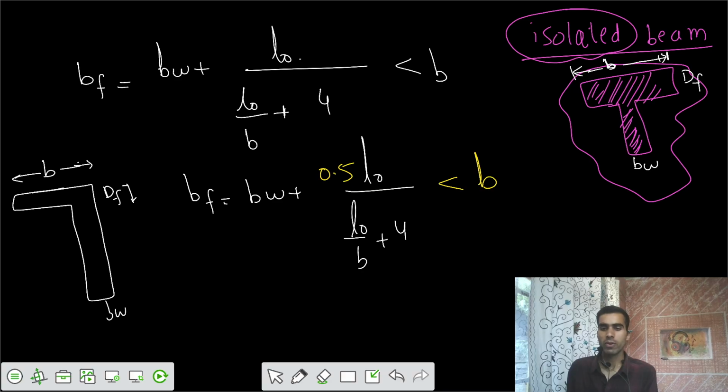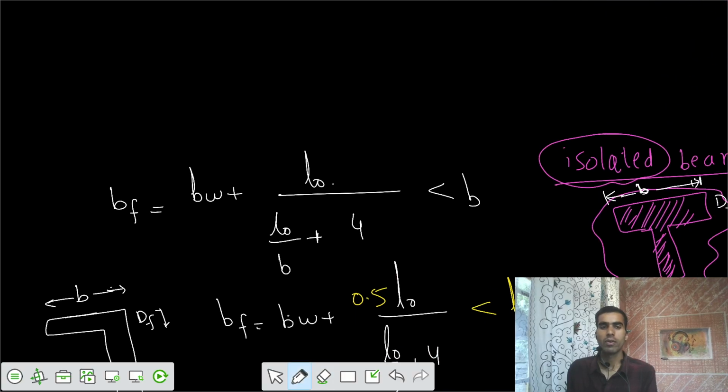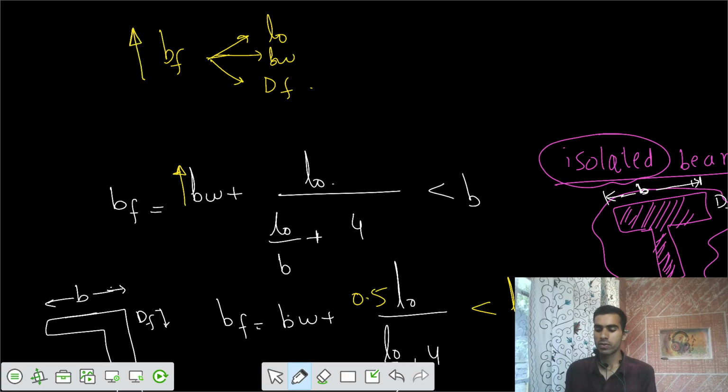So the effective flange width is a function of L naught, a function of BW, and a function of DF also. That means there is a direct variation: the width of the flange increases with an increase in the web width, an increase in the span length, and an increase in the thickness of the flange.